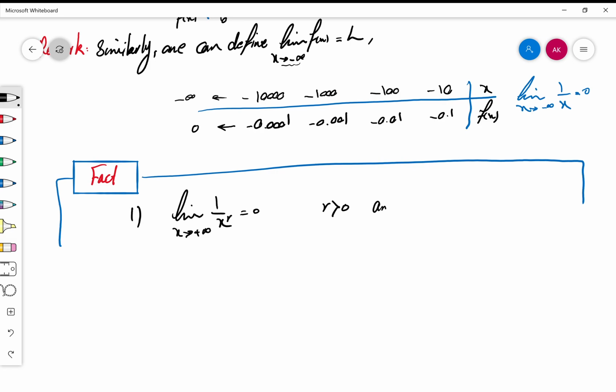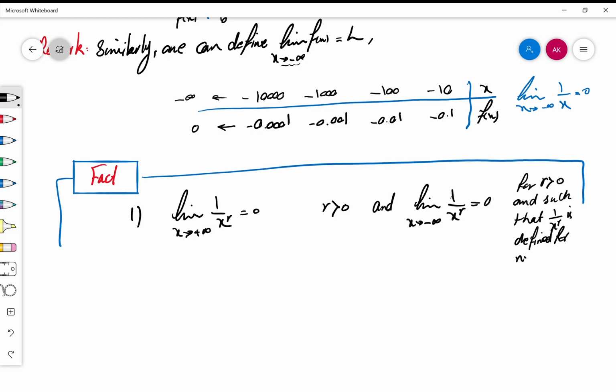And similarly, you have the limit of 1 over x to the power r as x goes to negative infinity is equal to 0. Well, you have to be careful for r positive and such that 1 over x to the power r is defined for negative numbers.